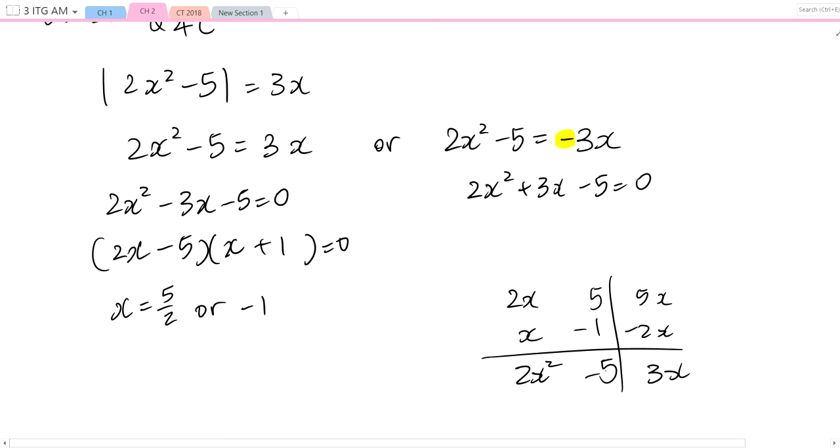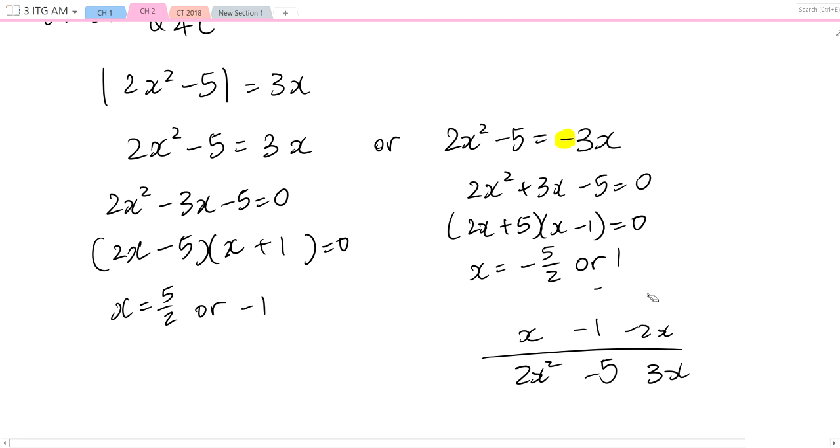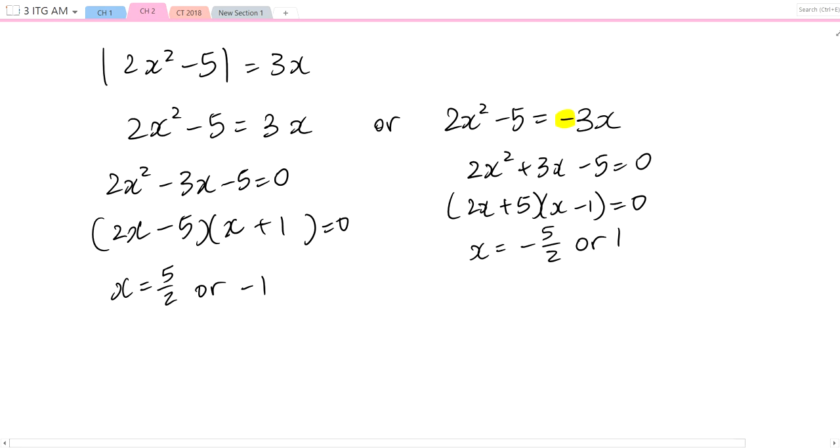So the negative sign goes here. And we have 2x plus 5, x minus 1 equals 0, leaving me with x equals negative 5 over 2 or 1. So looking at these 4 answers, some of them will be valid. We need to check whether all of them are valid.